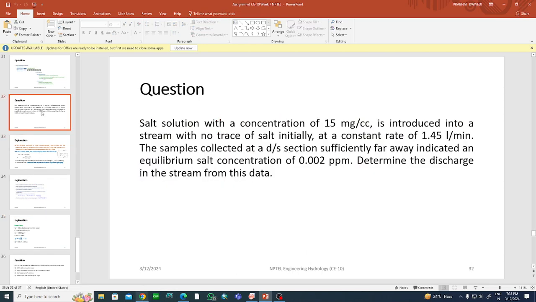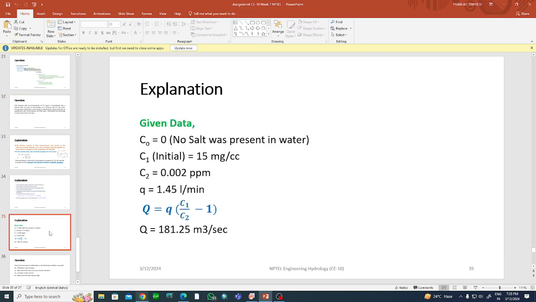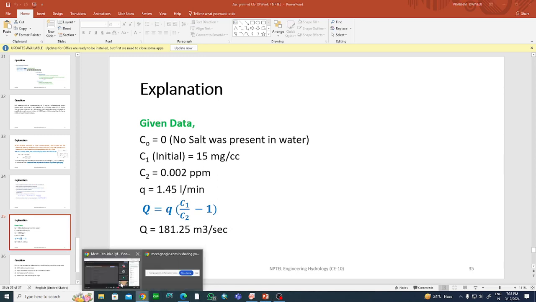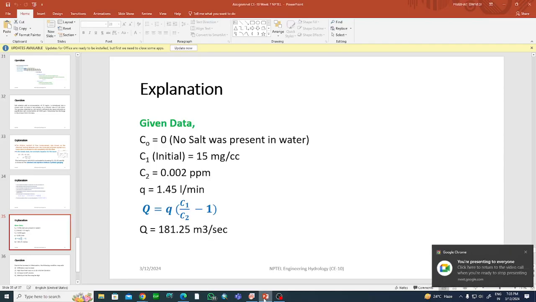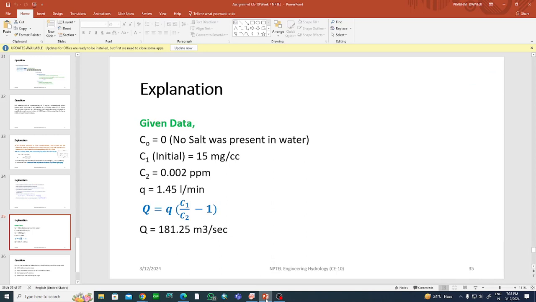The question was mentioned like that only. Milligram per cc, what is the problem? 15 milligram per liter. 15 milligram per cc it is mentioned. So that centimeter cube has to be converted to meter cube.